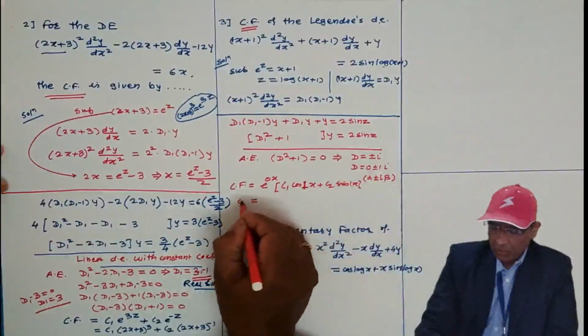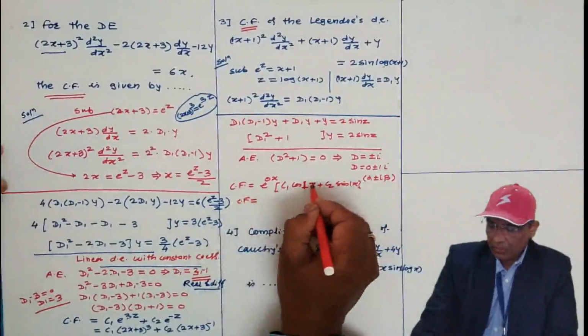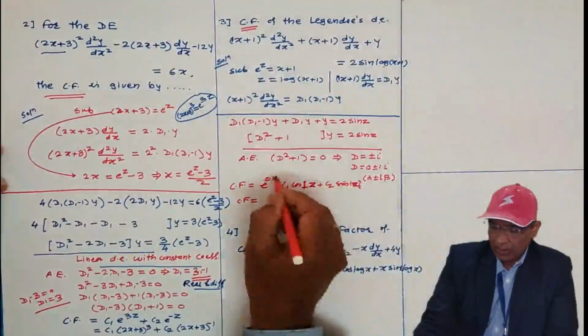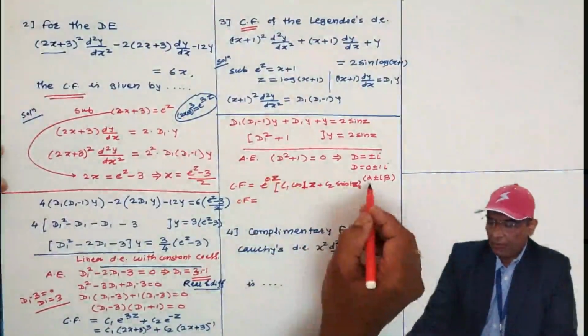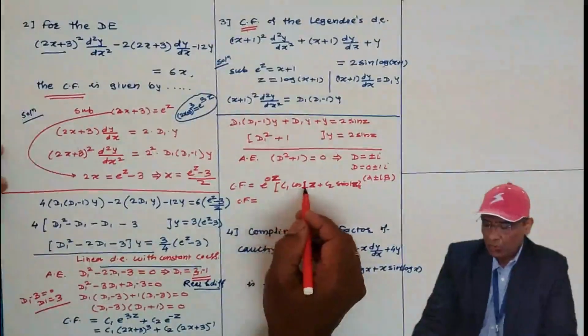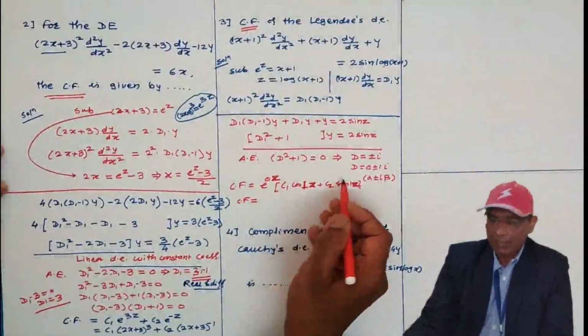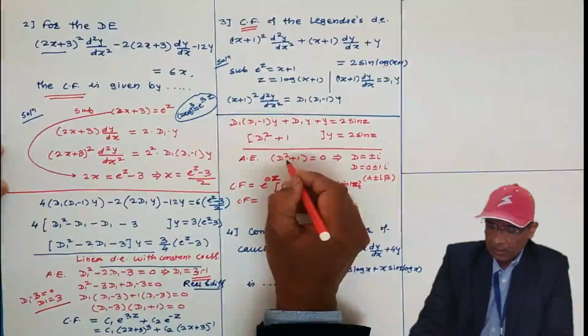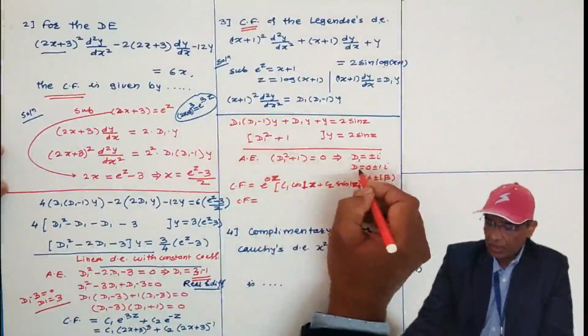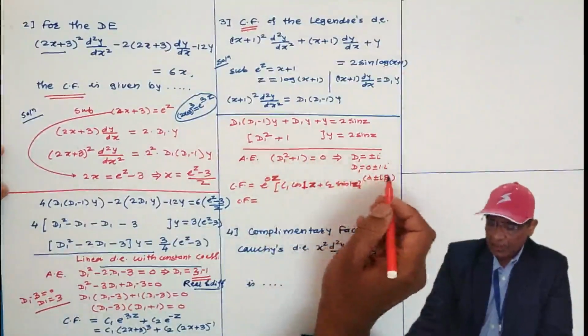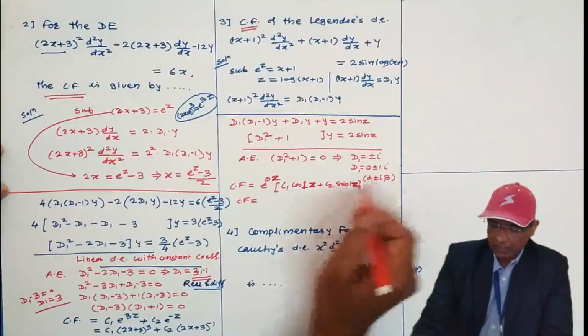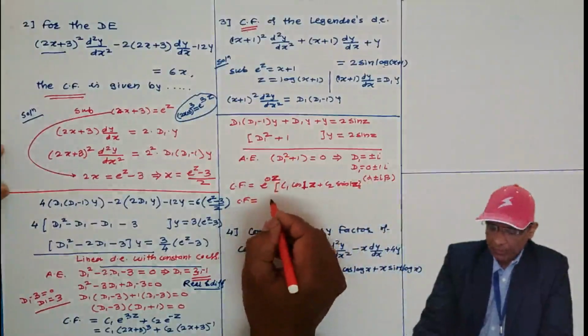The e power 0 is, here you have to write z. E power 0z, C1 cos 1z plus C2 sin 1z, because d1 is plus minus i of the type alpha plus minus i beta. E power 0 is 1.